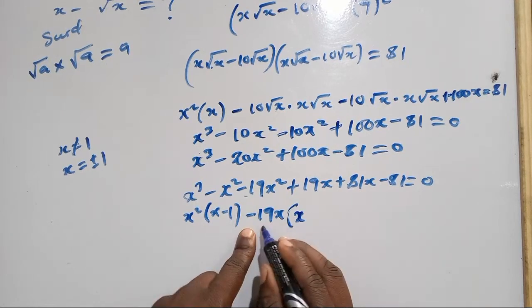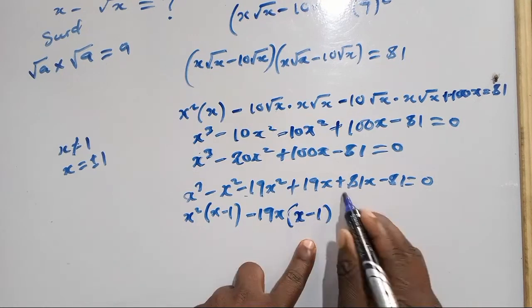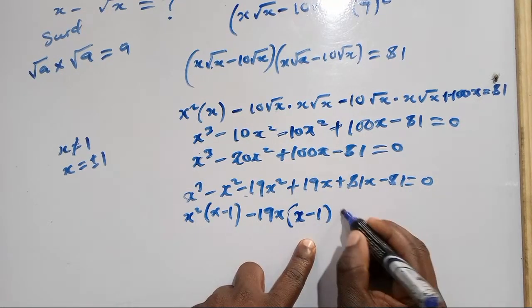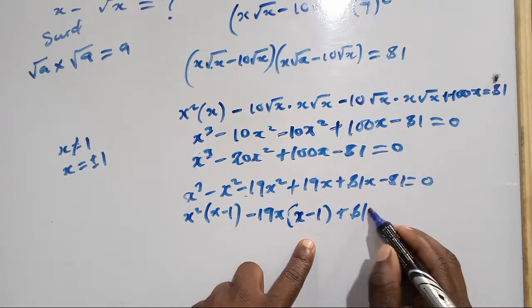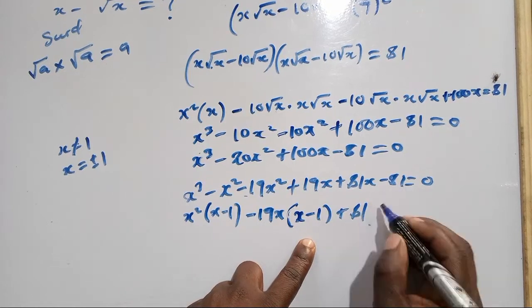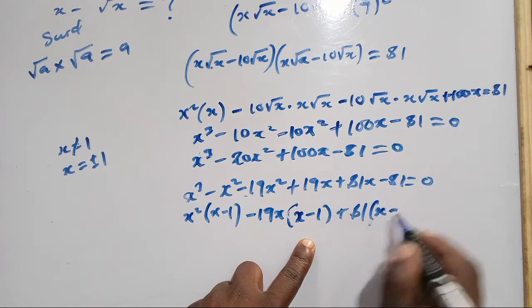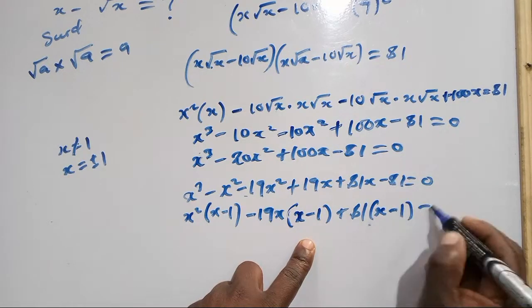Then minus 19x into positive 19x, you're going to have minus 1. Then here, what's common is 81, right? 81 into 81x, you're going to have x, and 81 into minus 81, you're going to have minus 1, which is equal to 0.